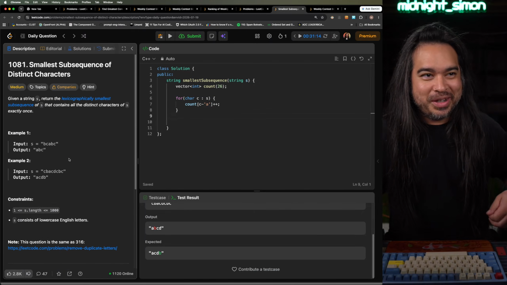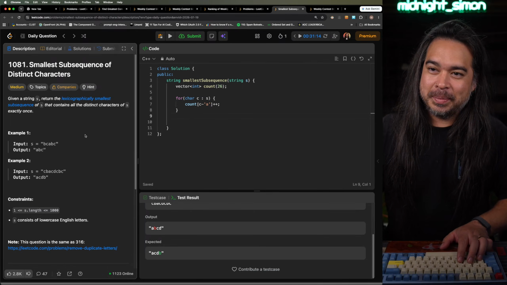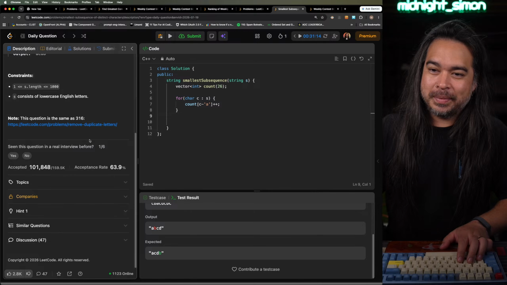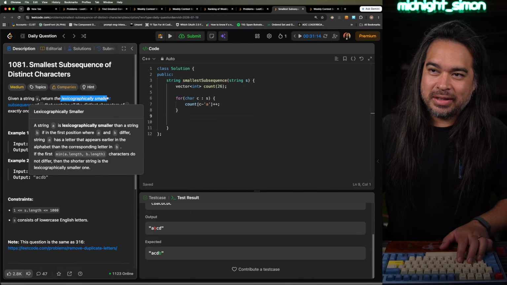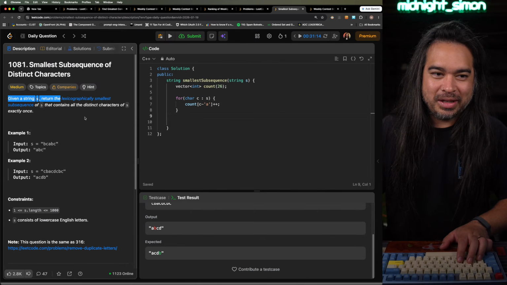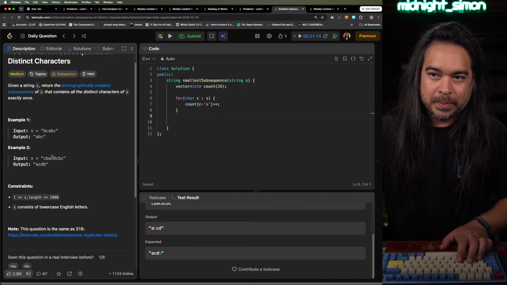This question is too hard for me, man. Should I read a hint? I really hate lexicographically smallest anything in problems. Always struggle.